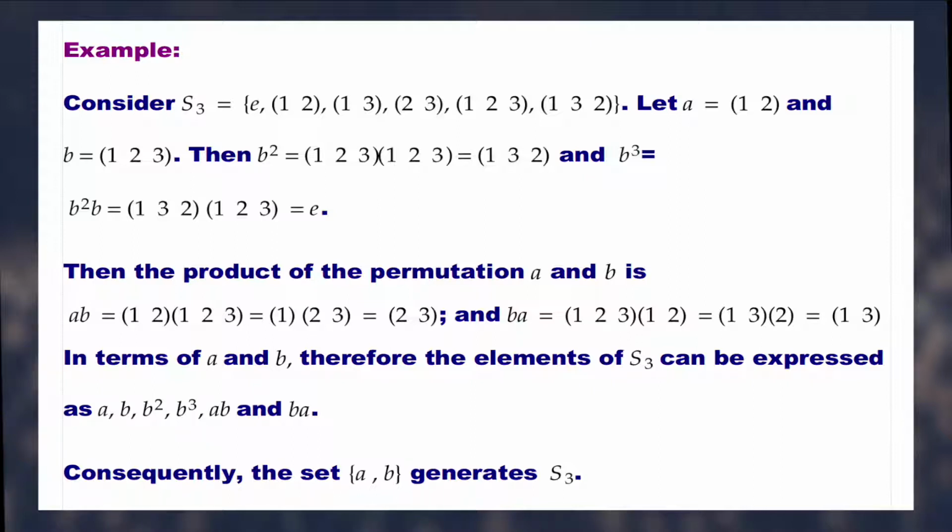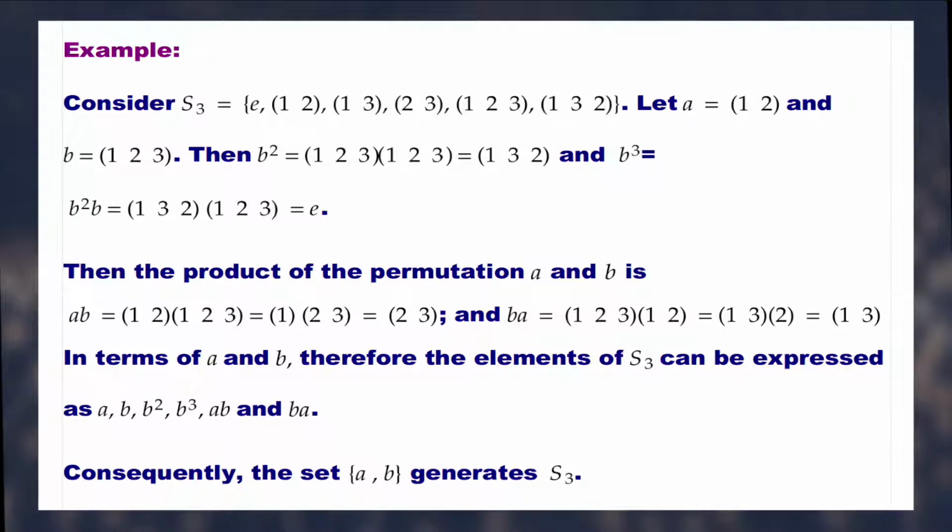Here 1 goes to 2 and 2 goes to 3, implies 1 goes to 3. Next 2 goes to 3 and 3 goes to 1, implies 2 goes to 1. Similarly, 3 goes to 1 and 1 goes to 2, implies 3 goes to 2. So finally, we get B squared equal to the cycle (1 3 2).